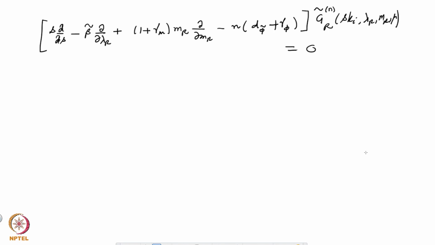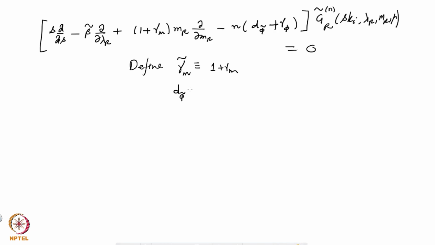So that's what we had, and now I will define gamma tilde m to be 1 plus gamma m. And there's the definition, and d phi tilde, which is the dimension of phi tilde in 4 dimensions.